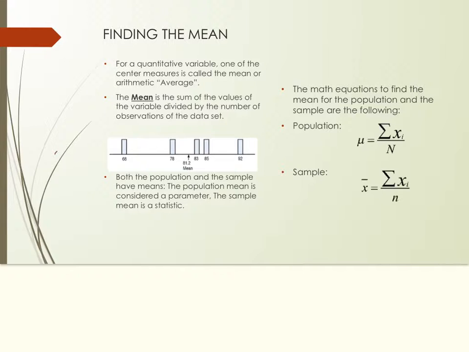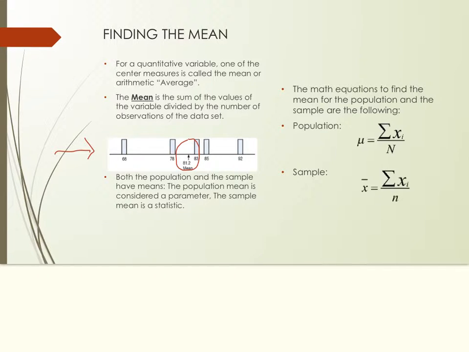In this example, we have 5 numbers in the data set. They go from 68 to 92. If we add those 5 numbers together and divide by 5, we will get the mean value of 81.2.